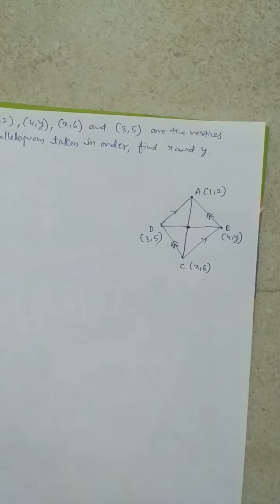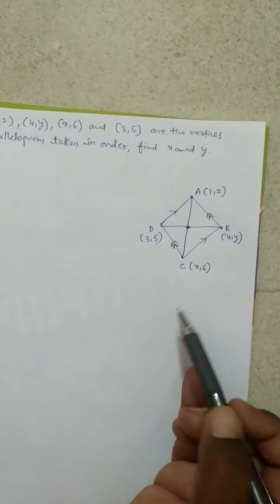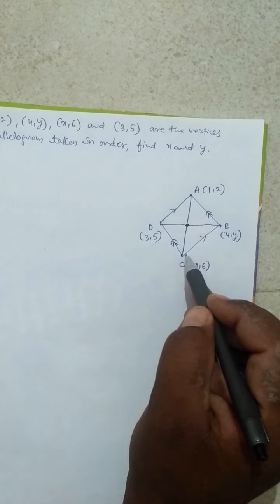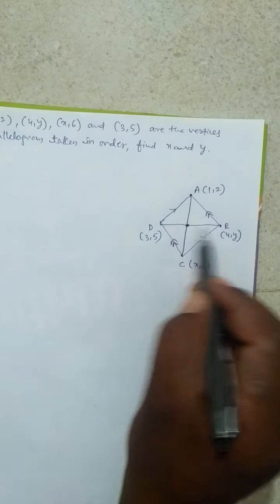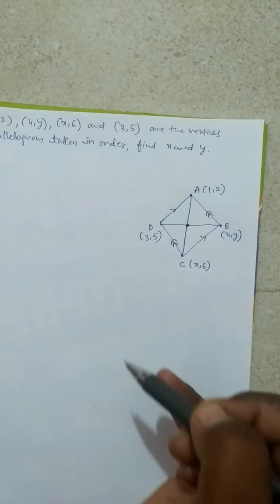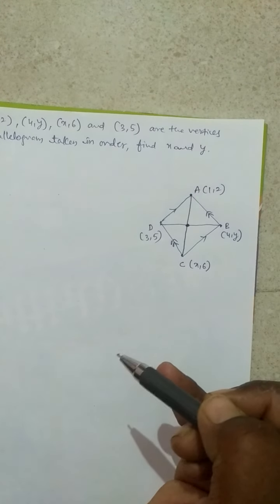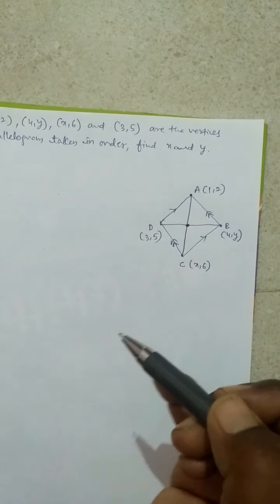So how to find out the value of x? Here AC is a diagonal of the parallelogram and BD is a diagonal of the parallelogram. So in a parallelogram diagonals meet each other and bisect each other.